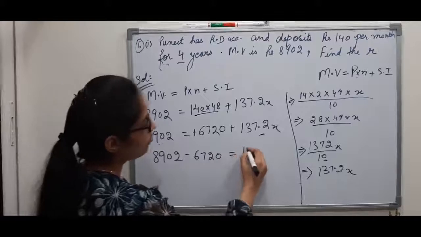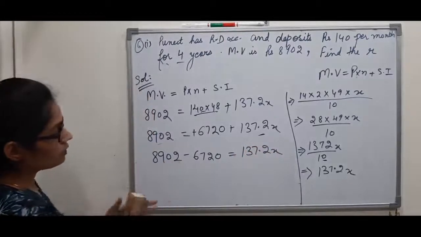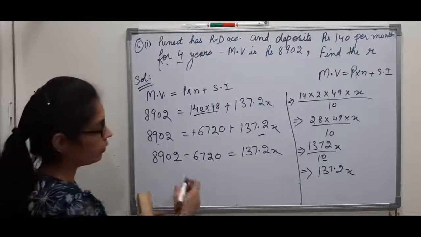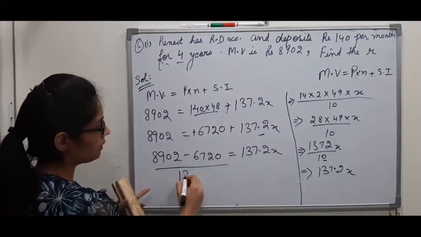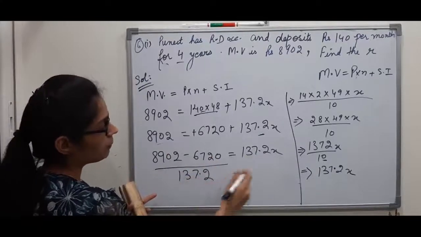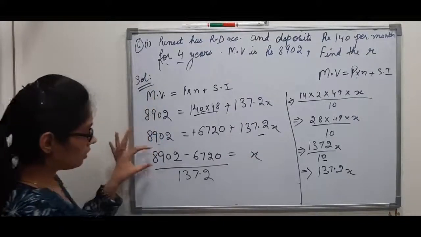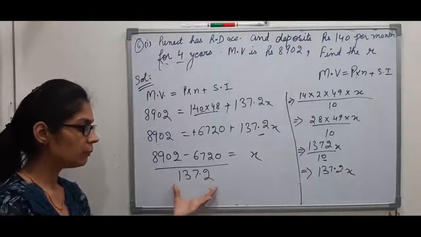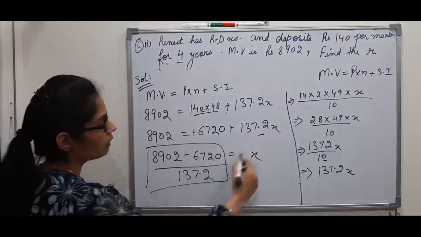On the other side I will write 137.2x. I will do this subtraction, and I am sure you can do the further multiplication already. After doing the subtraction, shift this number to this side, and on shifting it will get divided with this term, because here it's getting multiplied. On changing the side, the number will get divided. After that you can get the value of r.